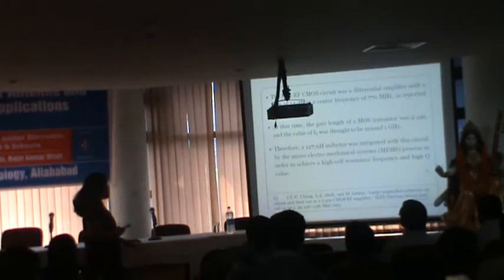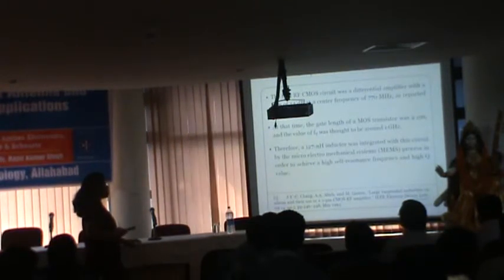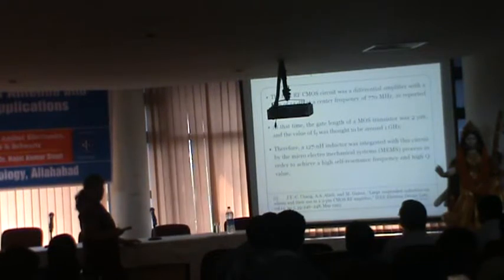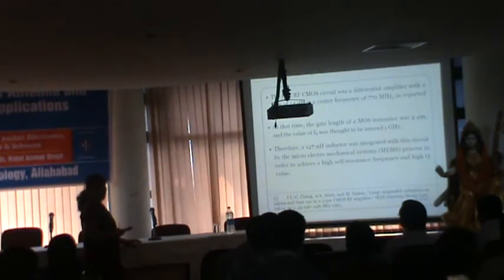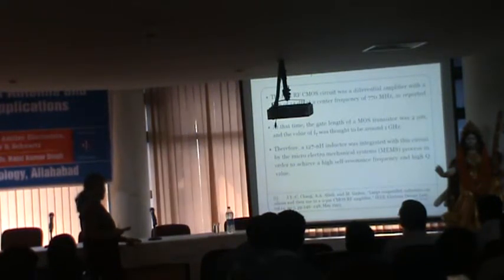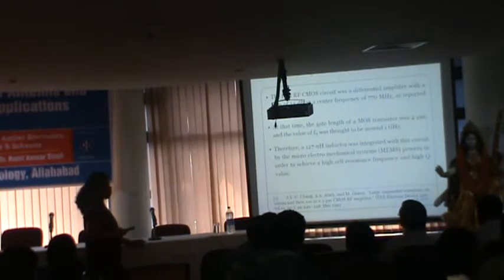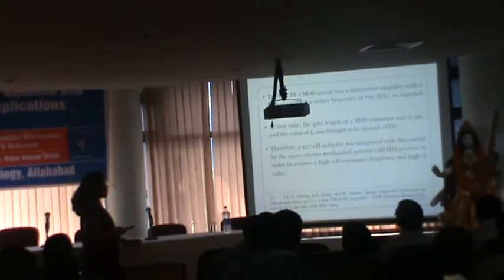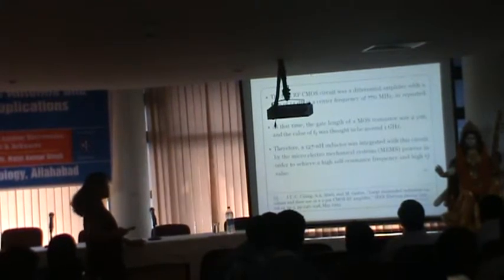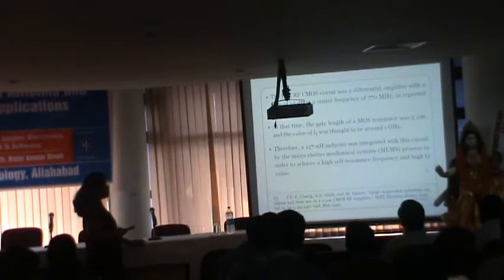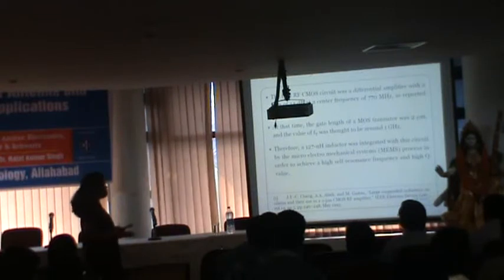At this time, our feature length was 2 micrometer. Today we are talking about 45 nanometer, 22 nanometer, and we are targeting around 11 nanometer. So at that time it had a 2 micrometer feature length, and the value of fT was around 1 gigahertz.